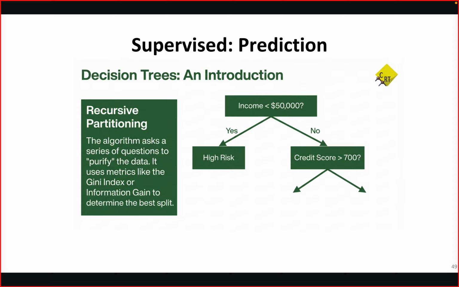So there are a lot of features you can use as criteria to partition. For example, if I have a feature called income, maybe it could be used to do the purifying. If the income is less than 50K, then go this way. If no, go this way.